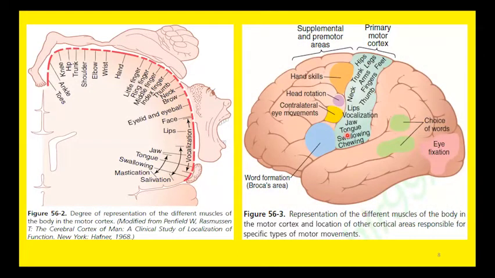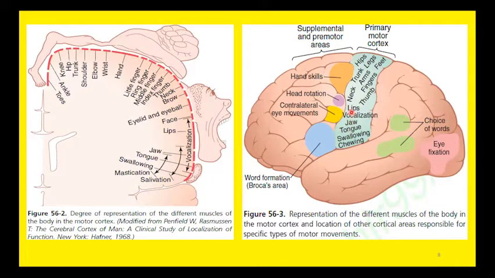Again, you can see the lateral surface of the left cerebral hemisphere. You can see all the functions of the facial parts like swallowing, chewing, vocalization, since they are controlled by the lateral portion of the cerebral cortex. You can see they are placed laterally.